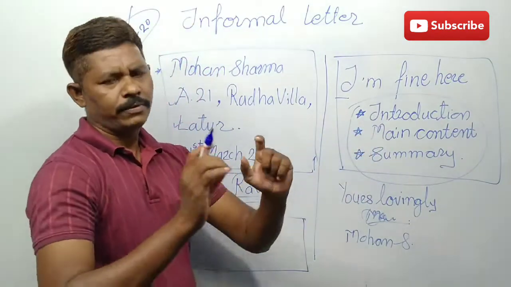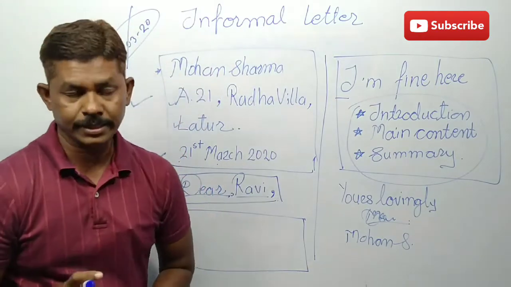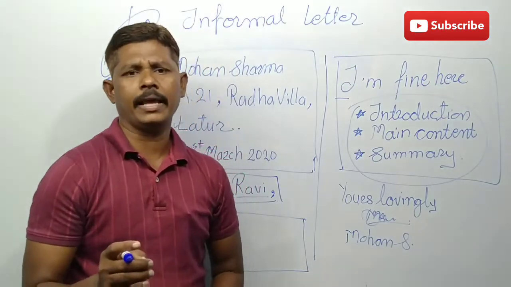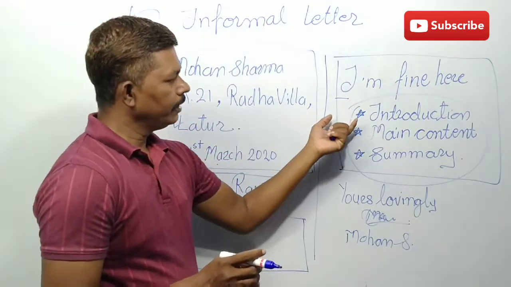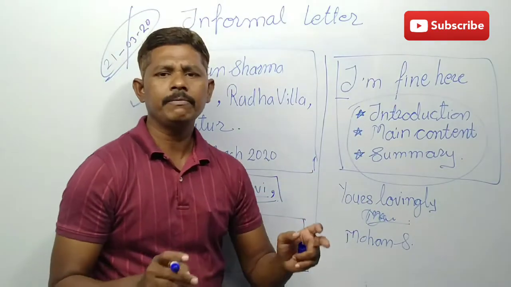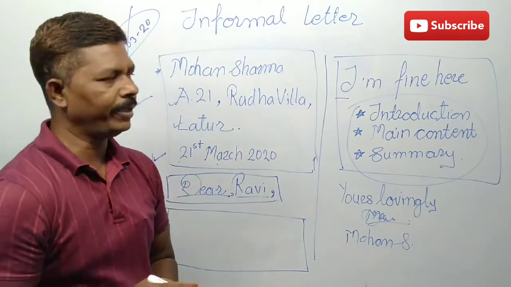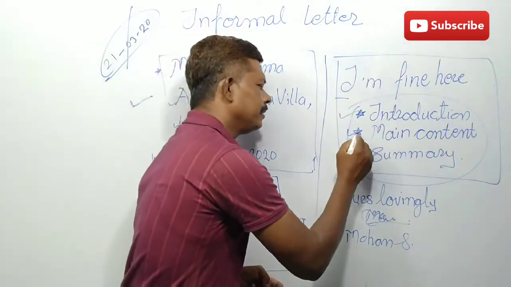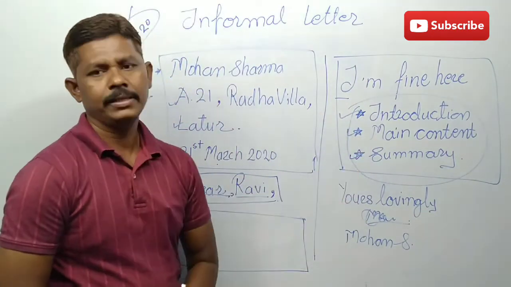For example, the first paragraph should be the introduction, then you can begin your second paragraph with your main content, and lastly, in 2-3 lines you can summarize your body. You have full scope to write in an informal way. Many things you can add here, but these three things should be added: introduction, main content, and summary.